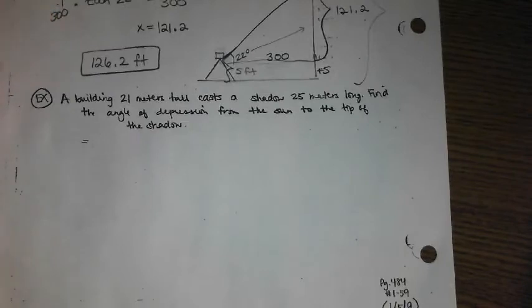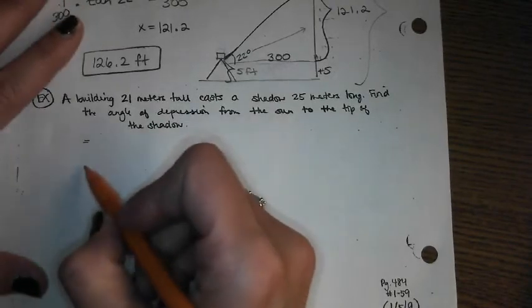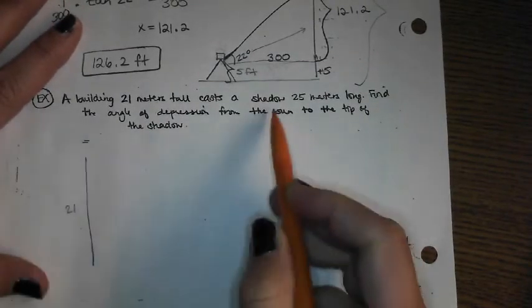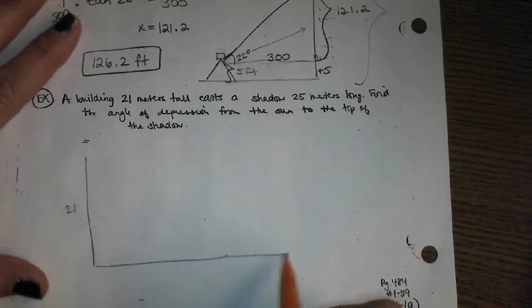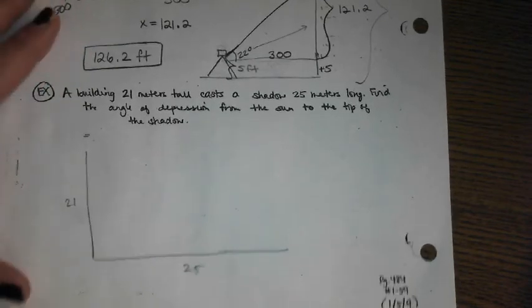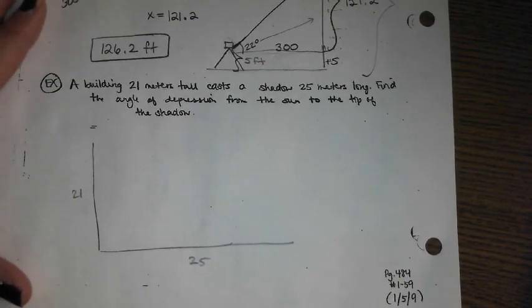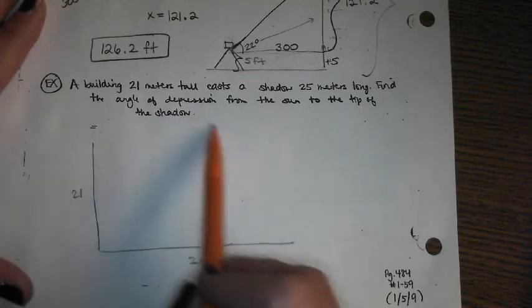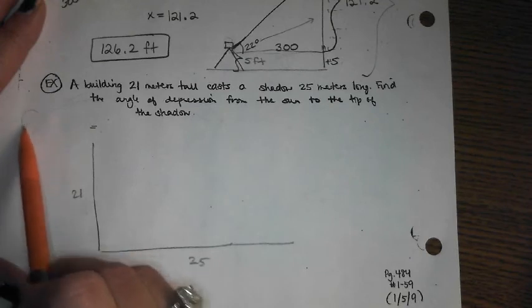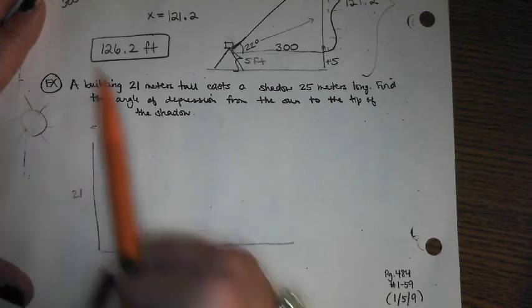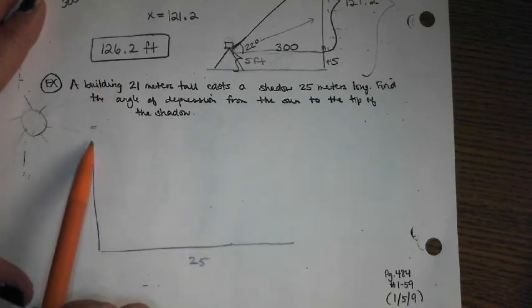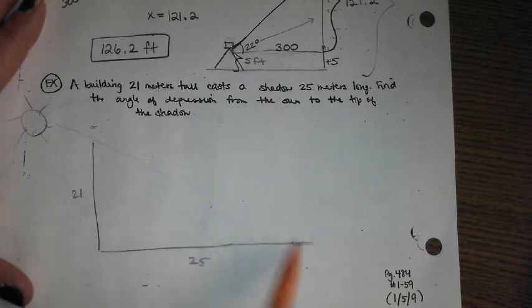On the next one, a building 21 meters tall casts a shadow 25 meters long. Where's the sun? Yeah, where? I always like to visualize that. The sun's coming down, the building blocks and creates a shadow.